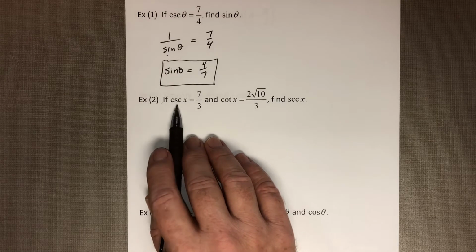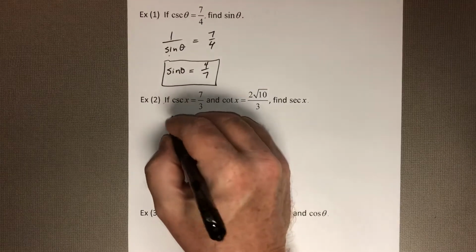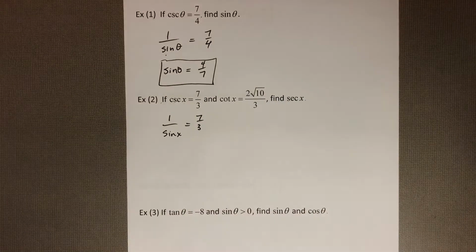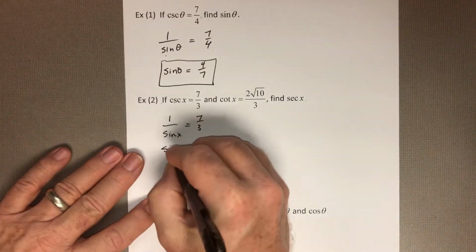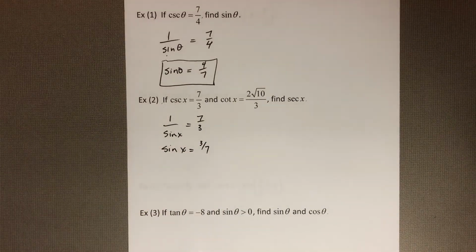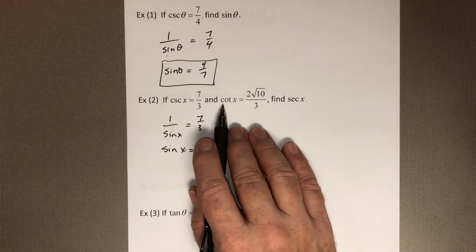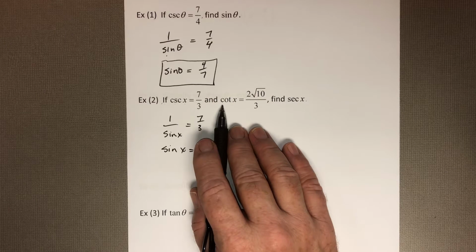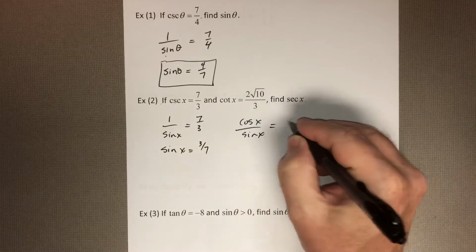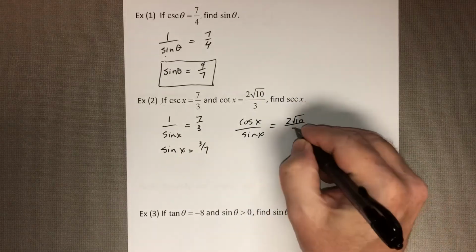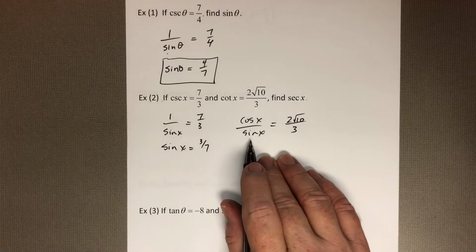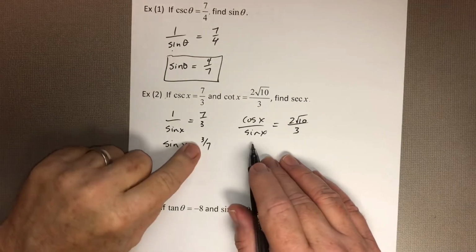And that means that if you were to write 1 over the sine of x is equal to 7/3, you would know immediately that the sine of x is equal to 3/7, all right? Now, we also know that the cotangent, which, by the way, is the cosine over the sine, so the cosine of x over the sine of x is equal to 2 times square root 10 divided by 3. All right. Well, we happen to know that the sine of x is 3/7.